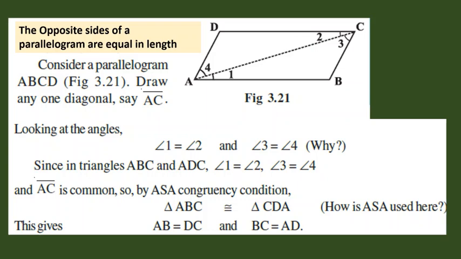So we come to the conclusion that the triangles are congruent. Then, because the triangles are congruent, we can arrive at the result that opposite sides AB is equal to CD and BC is equal to AD. They are the corresponding parts of congruent triangles. You will learn this here, CPCT, corresponding parts of congruent triangles. Remember, it is a specific word.